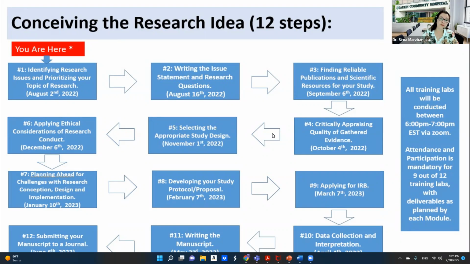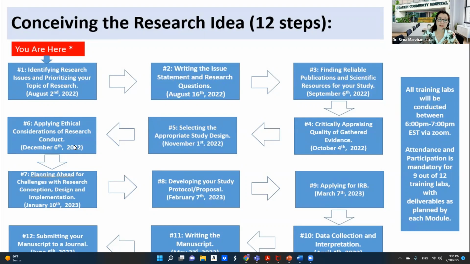In the fifth module, we will discuss selecting the appropriate study design. We have many types of study designs, so you have to select one of those designs and methodologies for your specific research issue and research question that you have developed before in the second module.